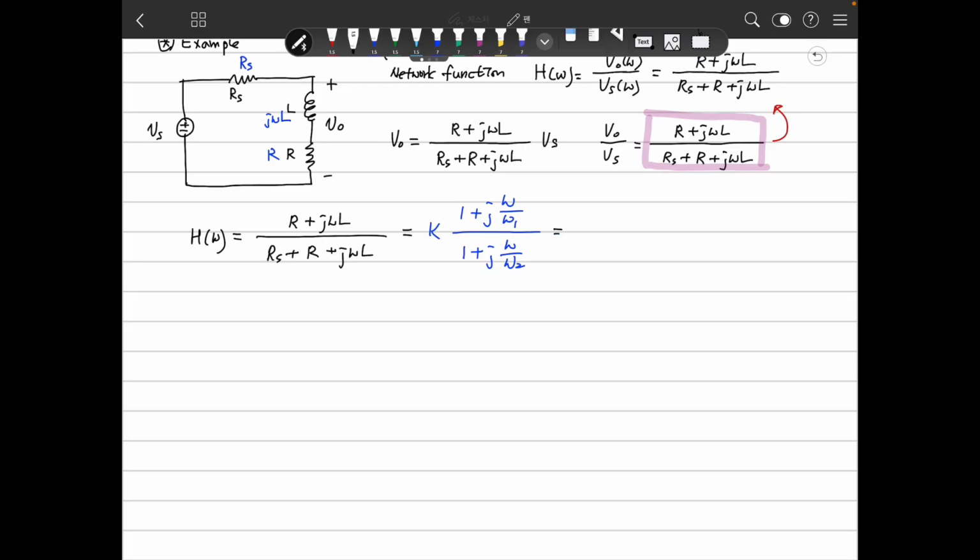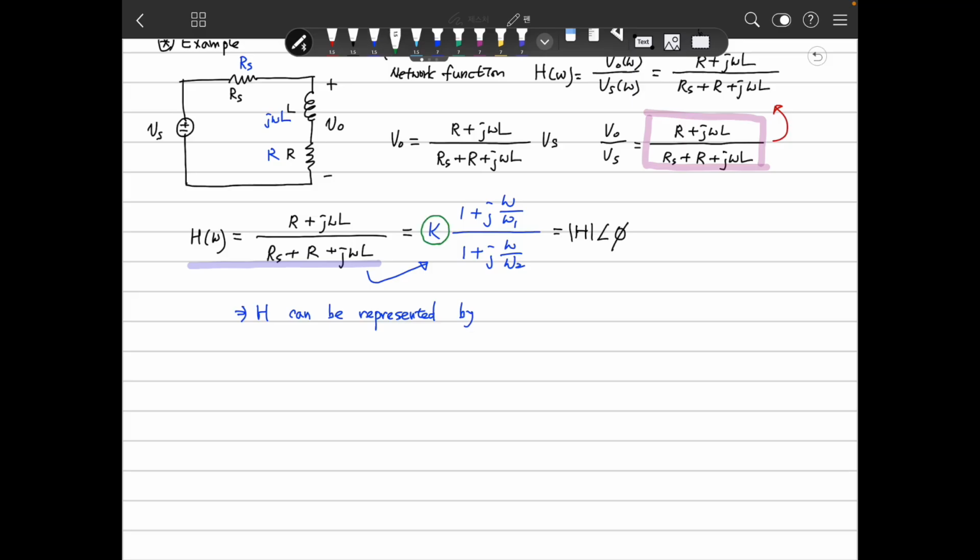So this will represent H in magnitude and phase. If the network function or transfer function has a form in this manner, then we will represent it in this form here. Then H can be represented by three variables.